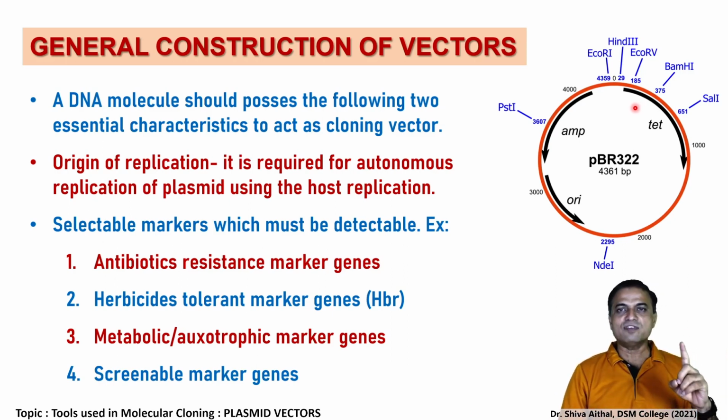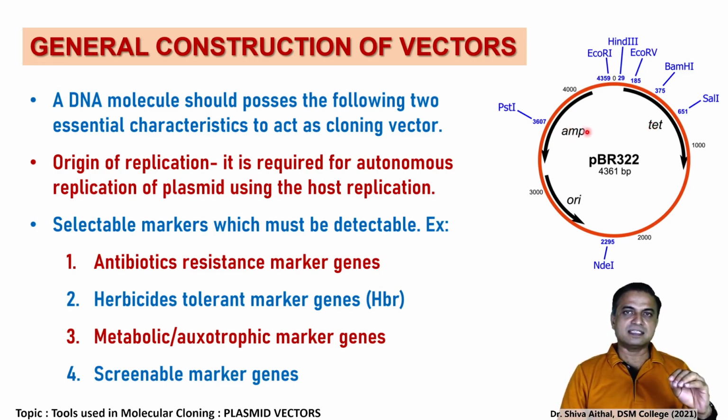Second important feature while constructing this vector is that it should have selectable markers which can be detected by plating techniques. Like you can see, two markers are there, one replication origin gene and ampicillin resistant gene and tetracycline resistant gene. Think very carefully, listen very carefully.